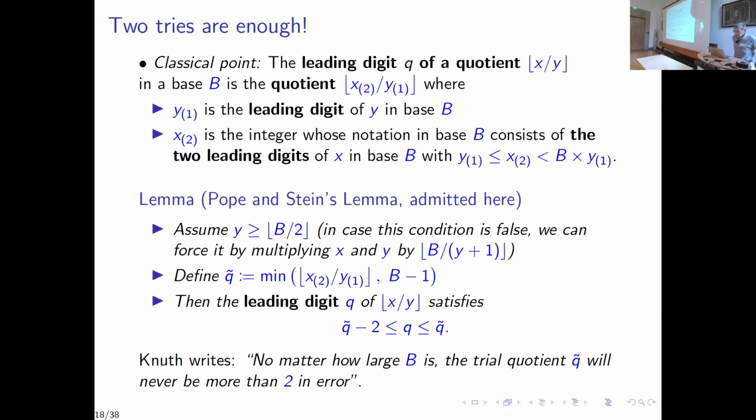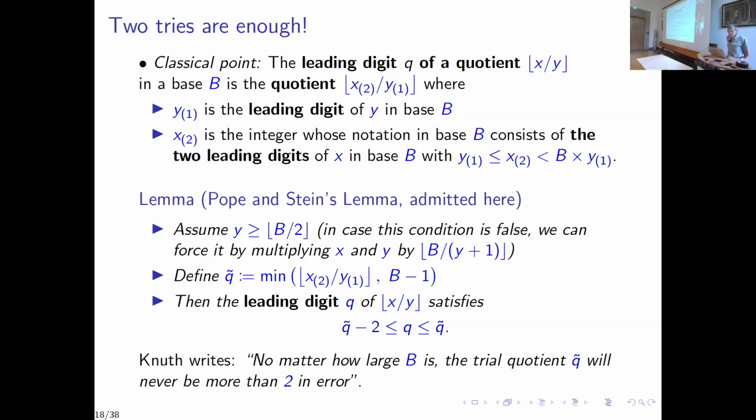I recall the classical point. The digits of a quotient are obtained by taking the most significant digit of the dividend and the first digit of the divisor, y1.